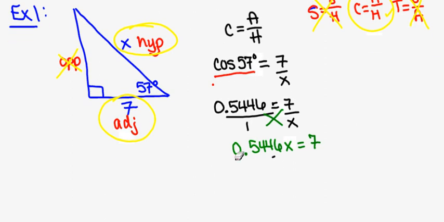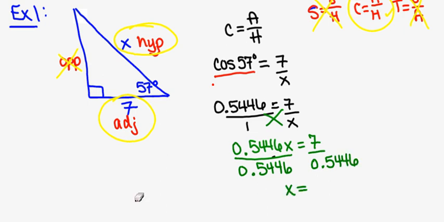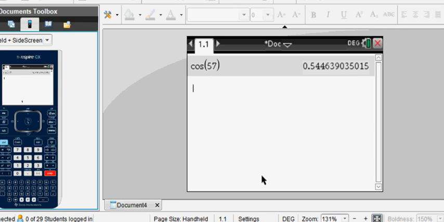And to solve for x, I can divide both sides by that 0.5446 number. And remember that when you enter this into the calculator, you have to use the whole decimal display. So you're going to have to do some copying and pasting.